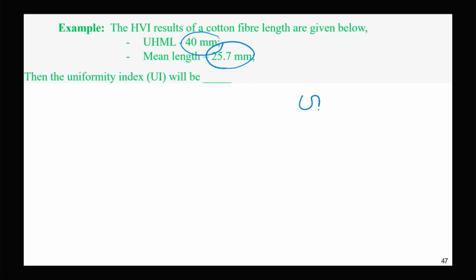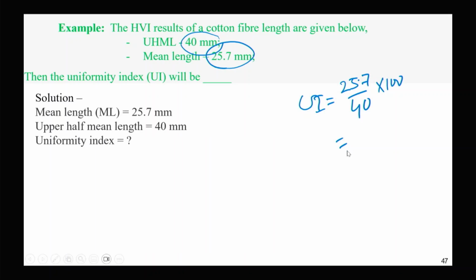The uniformity index is simple: 25.7 by 40, mean length by upper half mean length, multiplied by 100. We can express the uniformity index in terms of fraction or in terms of percent. So it will be 64.25%.